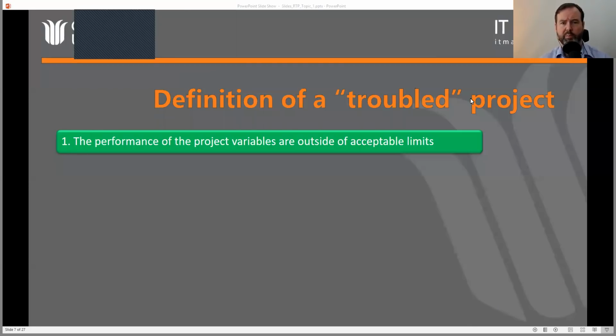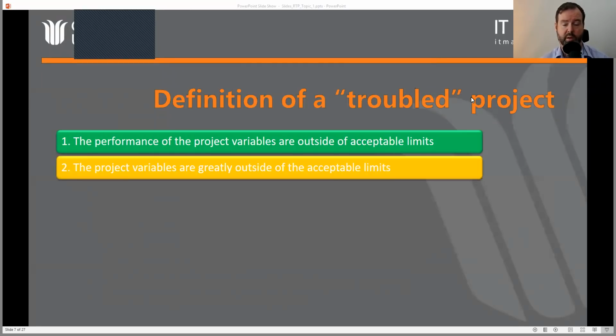Now, what I call a green project is a project where it's not perfect because, let's face it, no project is. Where things are simply a little bit outside of the tolerances, that's still okay. That's normal project management for most people. But then you reach a stage where the project variables might be significantly outside of the tolerances.